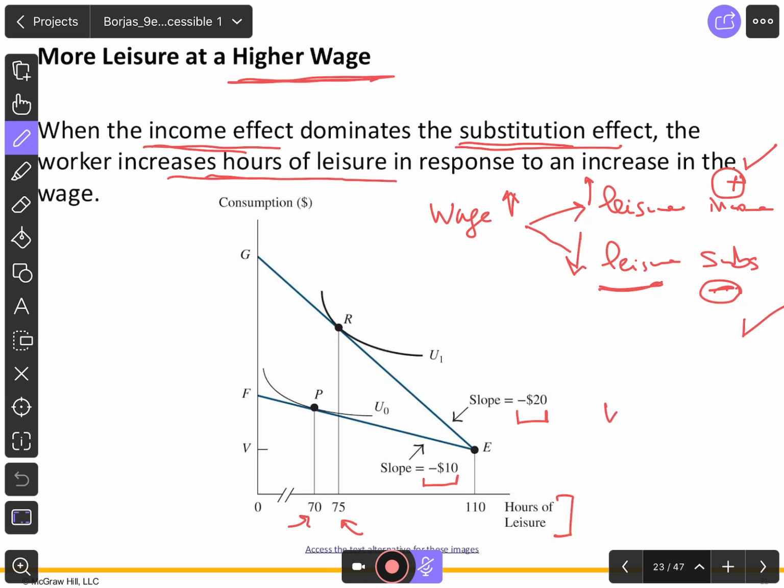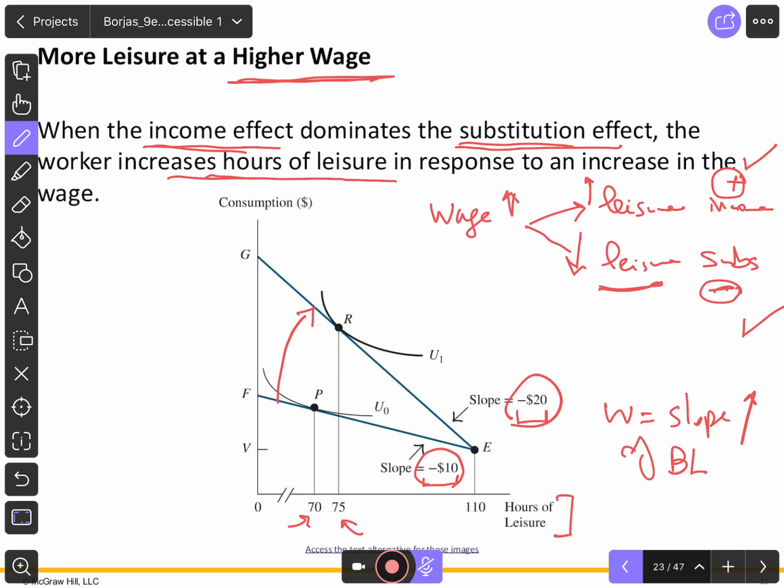And remember, wage is the slope of the budget line. Wage used to be 10, now it's 20. The slope increases, so it's going to rotate upwards and become steeper.